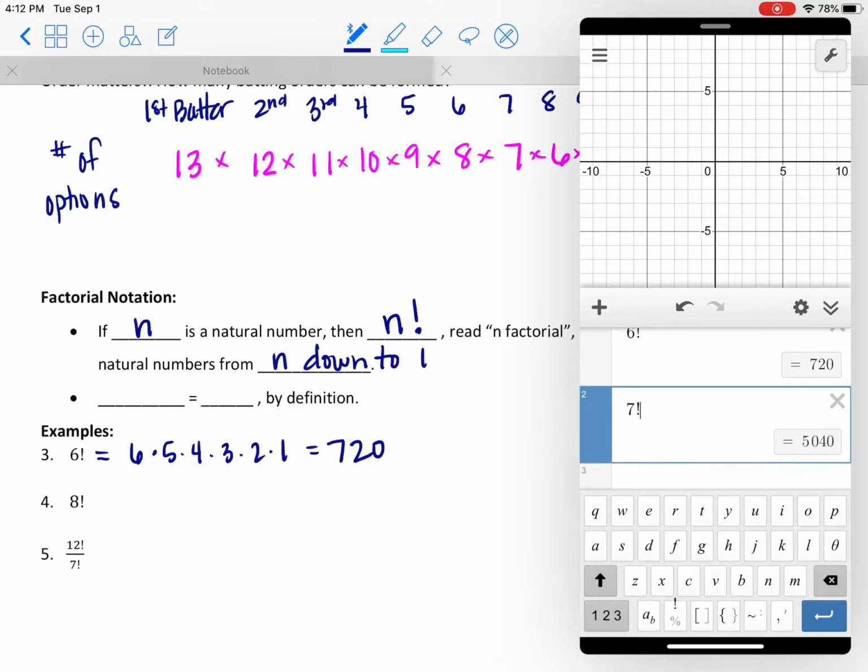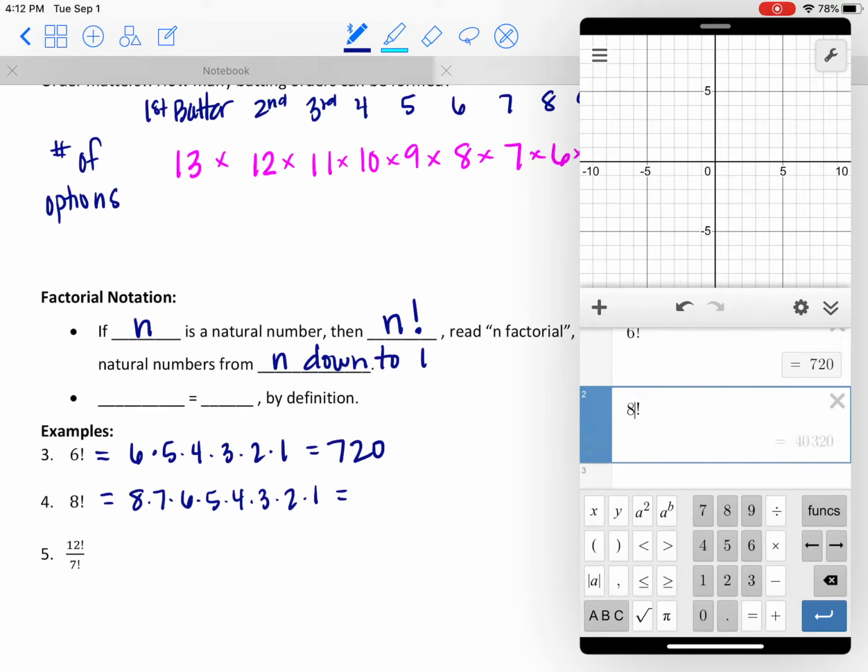There we go, is 5,040, and that was the answer we saw a bit ago. Okay, so then 8 factorial means 8 times 7 times 6 times 5 times 4 times 3 times 2 times 1. But if I wanted to actually figure out how much it was, I would just have to type in an 8 with an exclamation point, and the calculator would tell me it's 40,320.